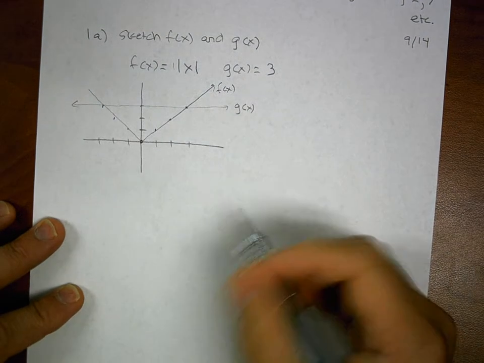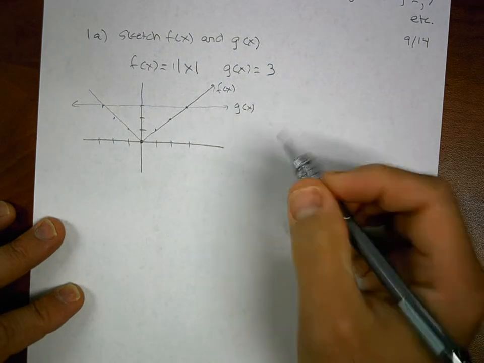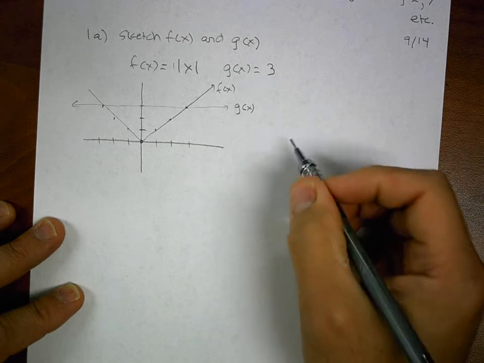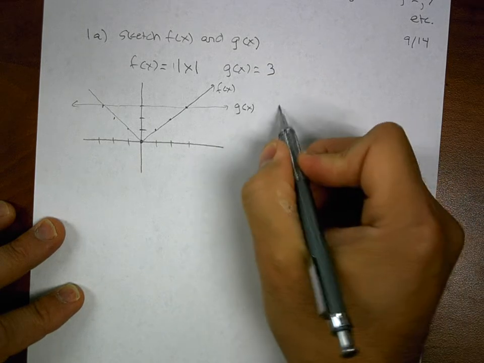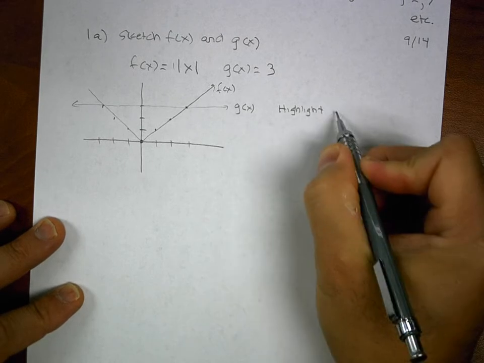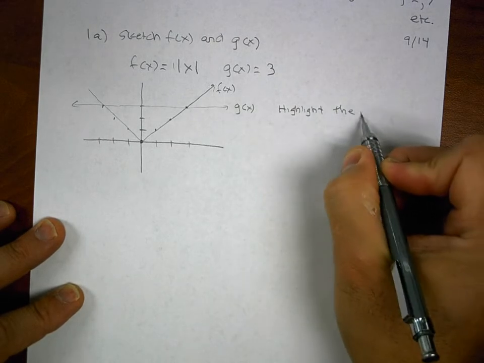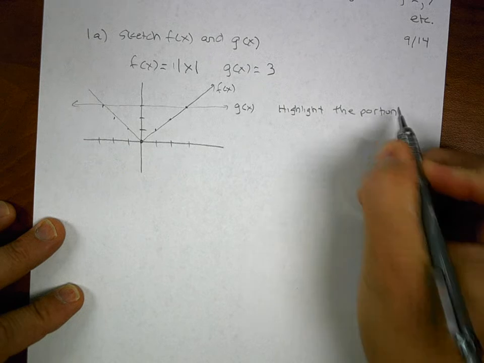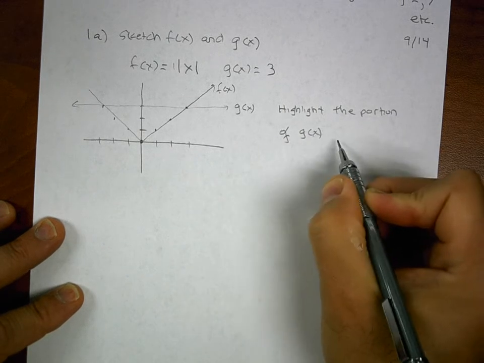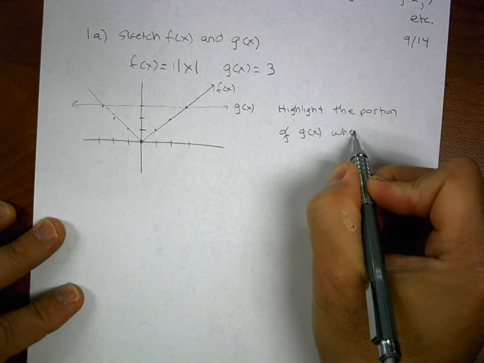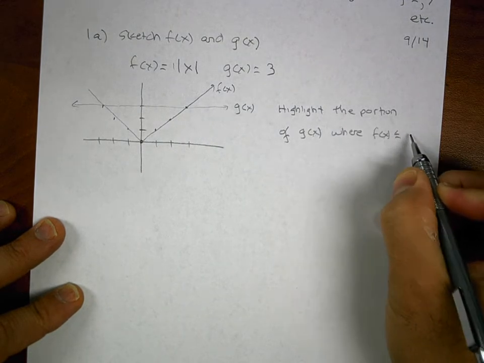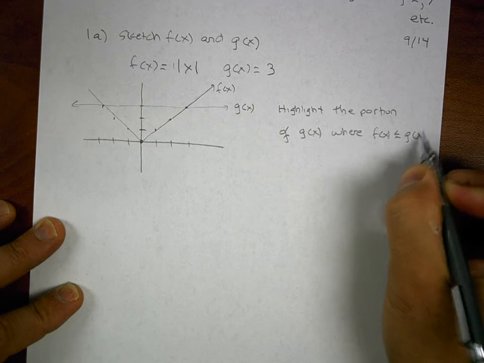Okay, and then I'm going to write the way it's written on the homework so we can see how it's being asked. So it says highlight the portion of g of x where f of x less than or equal to g of x, and state this interval.